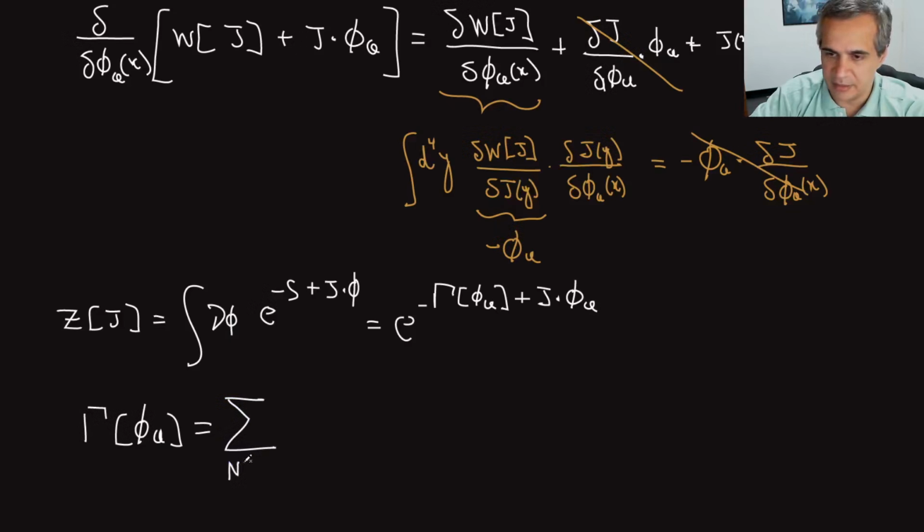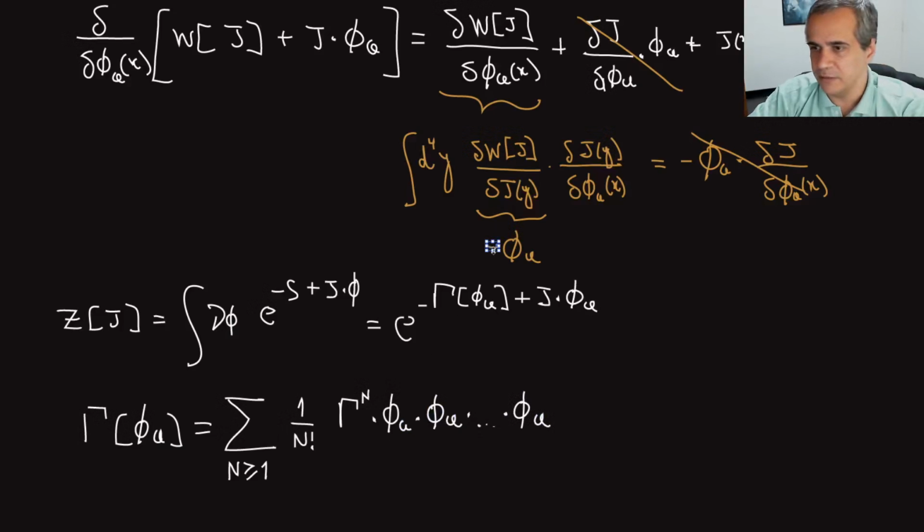Let's take n bigger or equal to 1, 1 over n factorial, gamma n, and then phi classical many times. There are many scalar products here; in fact, there will be n fields here, n phi classicals.